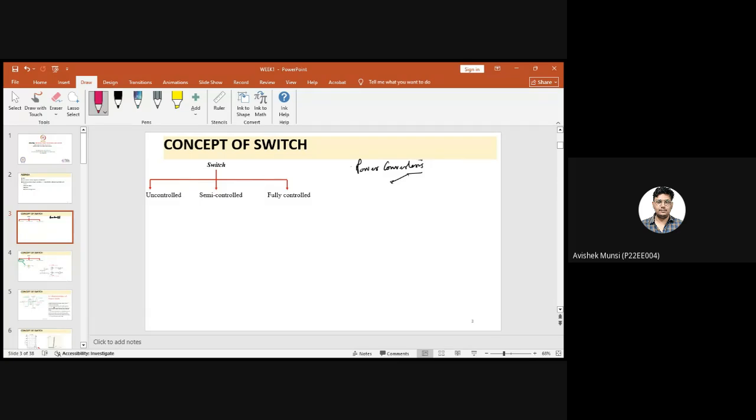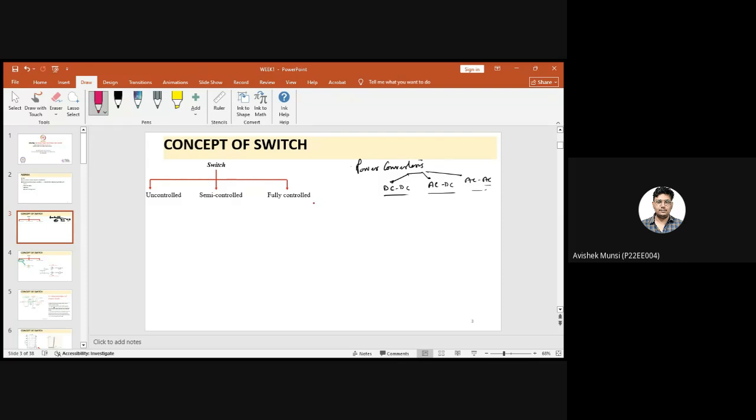It may be a DC-DC converter, an AC-DC converter, or an AC-AC converter. Whatever converter you are going to design, you should have basic knowledge about the switches you are using, because power switches are slightly different from the switches you have already learned about in analog electronics.